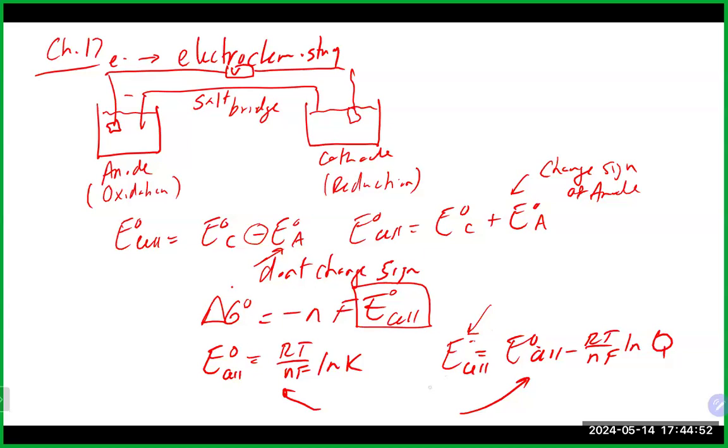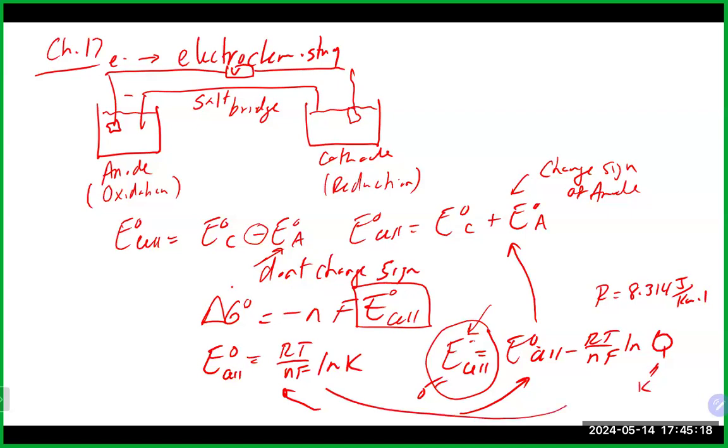If we have a non-standard condition, we could calculate our E of the cell. Remember, the R here is the one with energy. Our Q is our products over reactants. At equilibrium, E equals 0, and Q will equal K, which if we rearrange will get us back to this equation here.